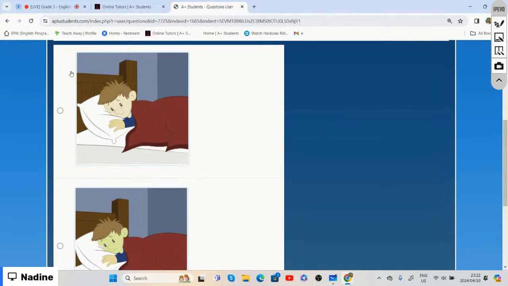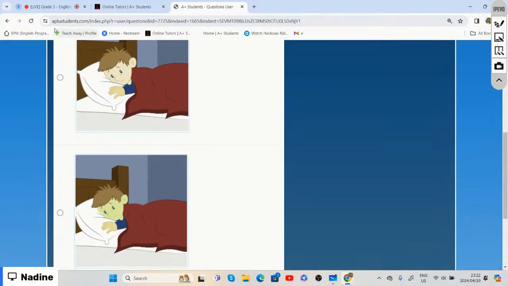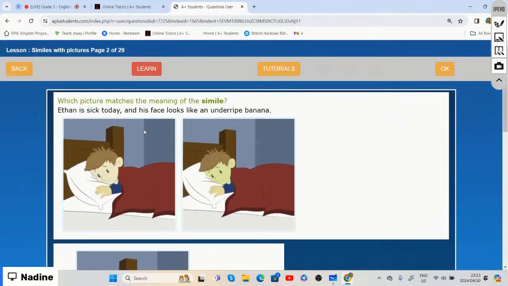So the first picture where his face looks like an underripe banana, or the second picture? Which means that even here we use words like "like", right?